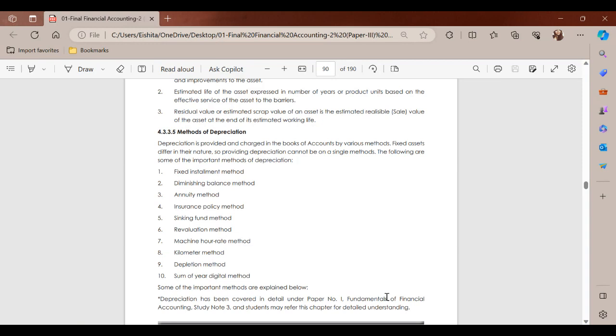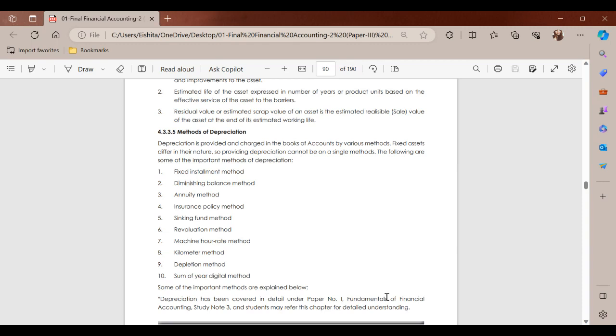So you will find that most of the companies you have visited are following either the SLM basis or the WDV basis. SLM is straight line method and WDV is written down value method.